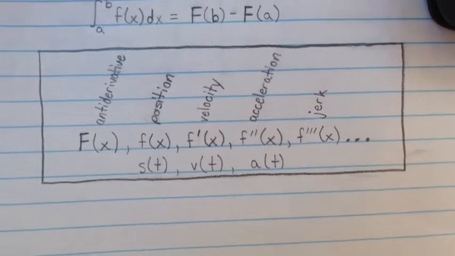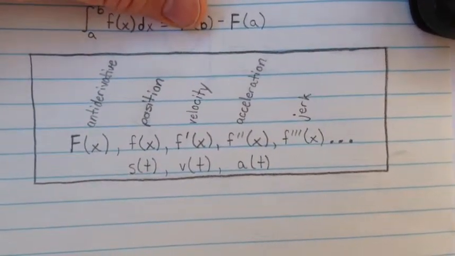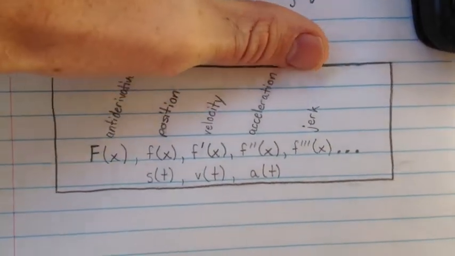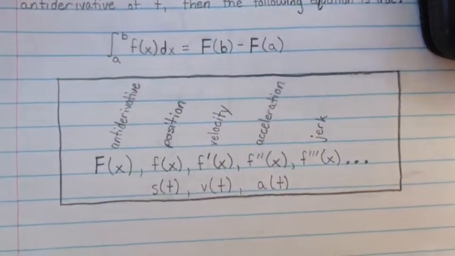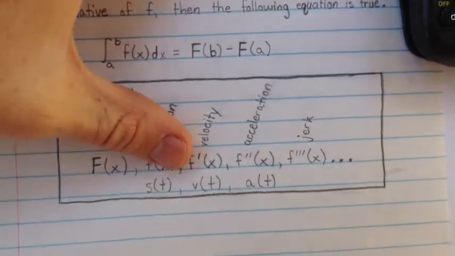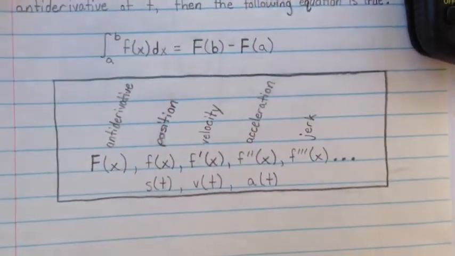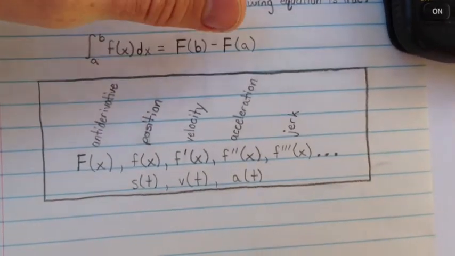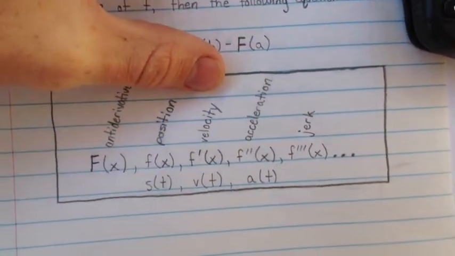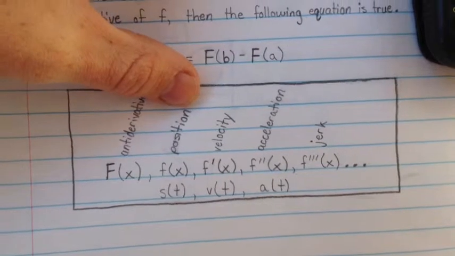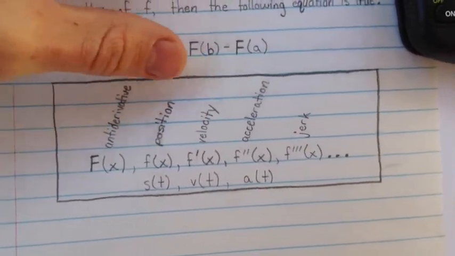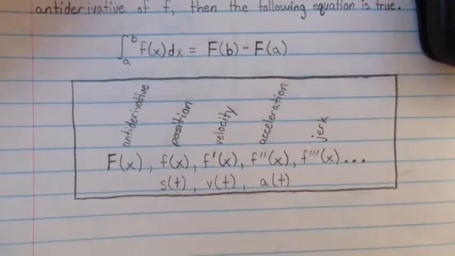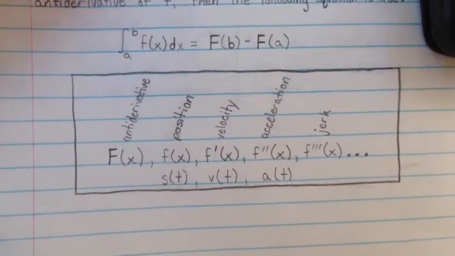And then you have the velocity, which is the derivative, f prime, and then acceleration is f double prime, and then jerk, which we haven't talked about, is f triple prime. And that's also s of t, v of t, a of t. Now, technically, an antiderivative can also be going from acceleration to velocity, and then velocity to position. But just as a way of remembering it all, I put it together like this. So if this helps you, great. If it doesn't, just forget about it.